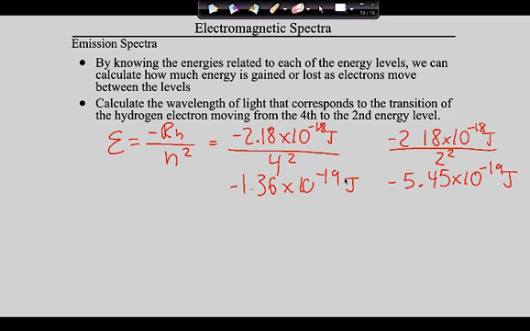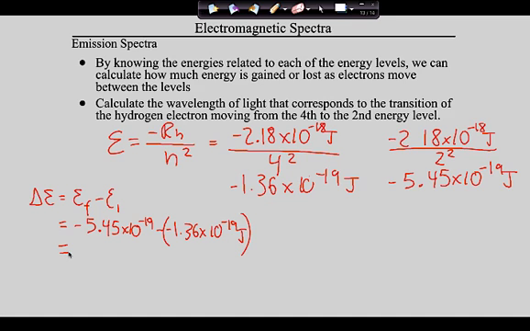So then, to figure out the energy of this photon as it goes from one to the other, we're simply going to say change in energy is equal to energy final minus energy initial. Is it going from 4 to 2 or 2 to 4? 4 to 2, so our final energy is negative 5.45 times 10 to the negative 19th minus a negative 1.36 times 10 to the negative 19th joules.